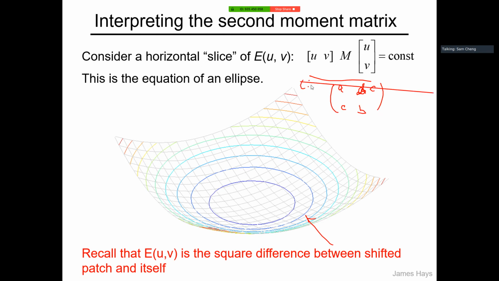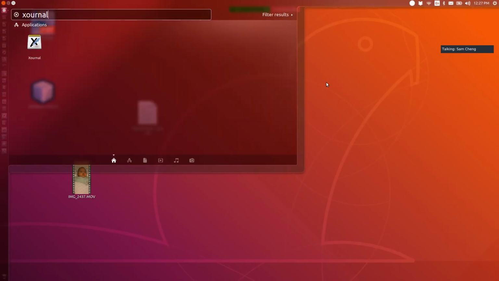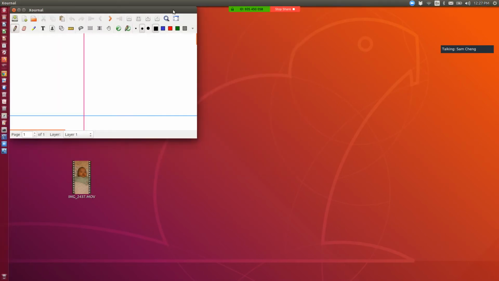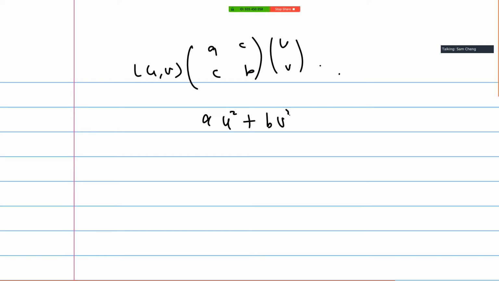And then if I write UV here, or you can think of this as XY, then you expand it out and it will be A U square plus B V square plus 2C UV, something like that. And this is exactly a quadratic thing.